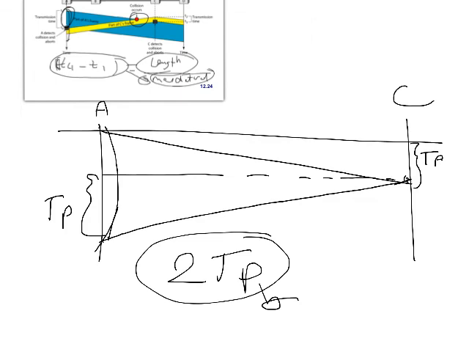In bits, I multiply by the data rate, and that gives me the length in bits. So until here is clear: the minimum frame length is actually 2 propagation times.